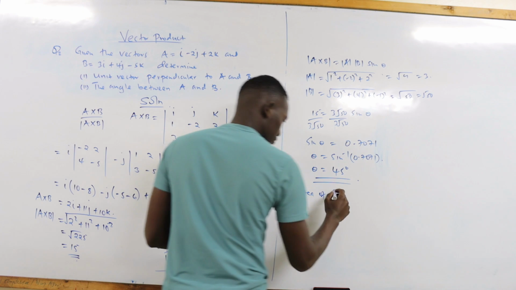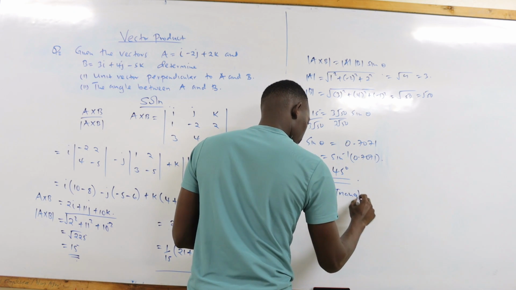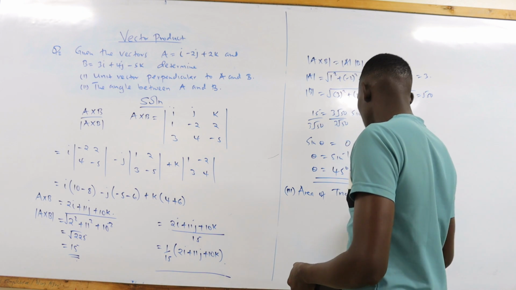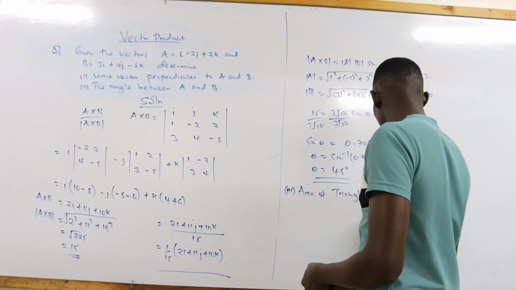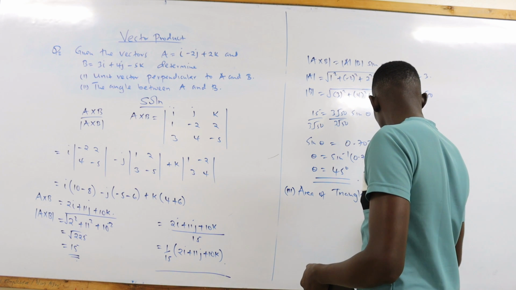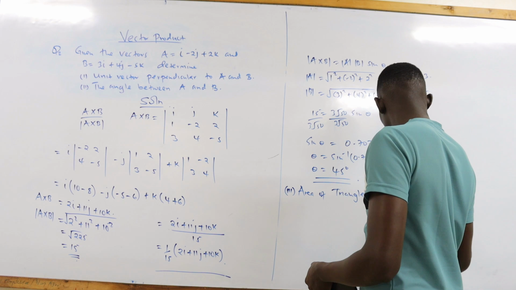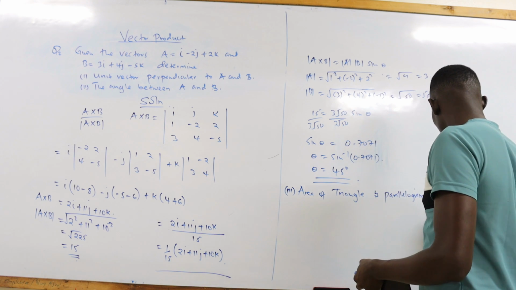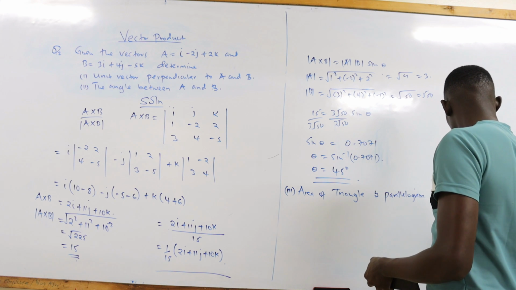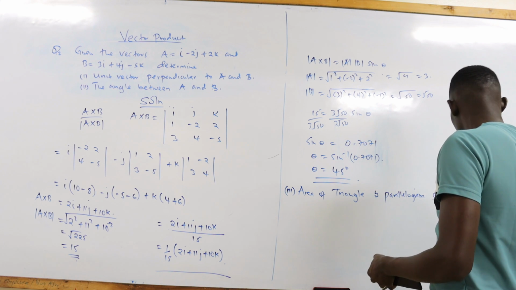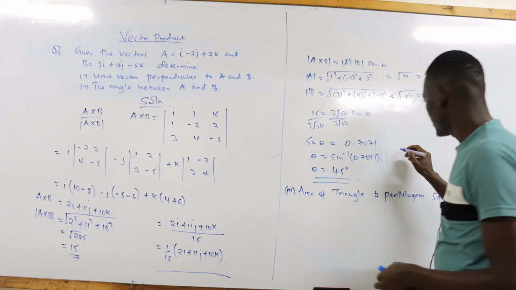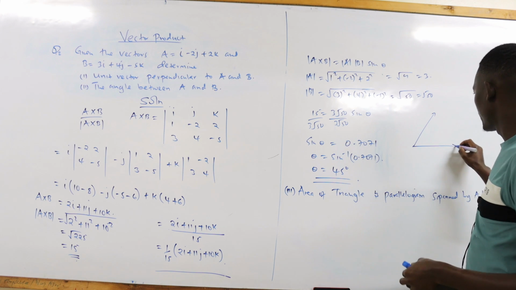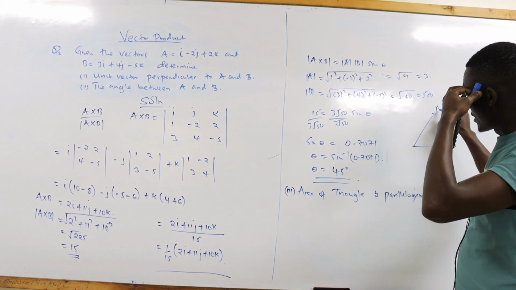Area of a triangle, and I can also add area of a parallelogram spanned by A and B. So we are saying if you're coming from one point and you have vector A and you have another vector B, this one is our A, this one is our B.